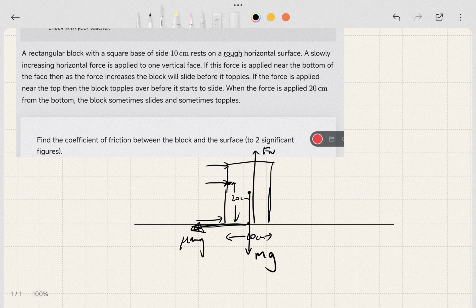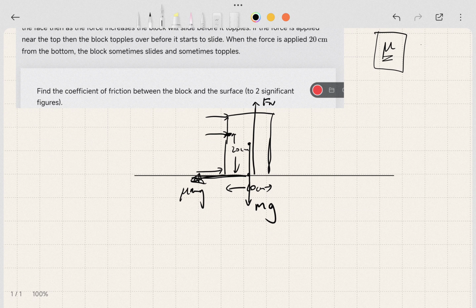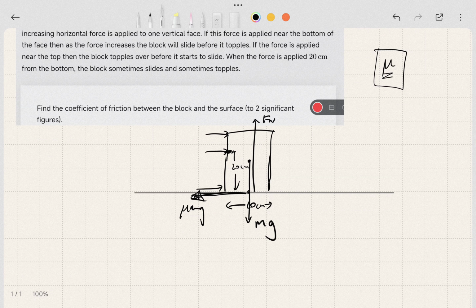Okay, so let's read the question again. So it's a rectangular block, it has a square base. Okay, so we're asked find the coefficient of friction. So let's use three information.